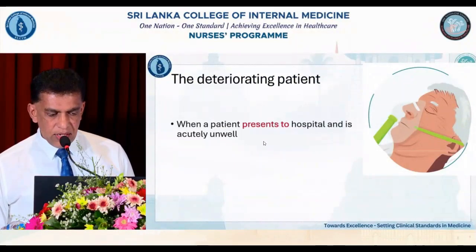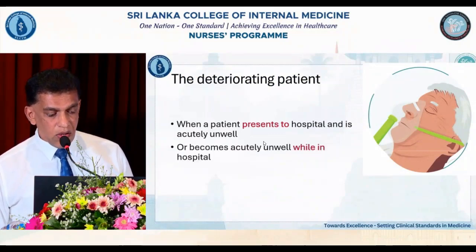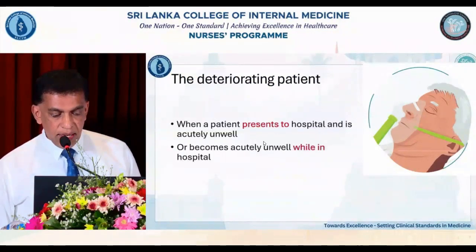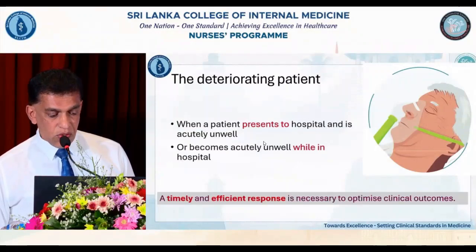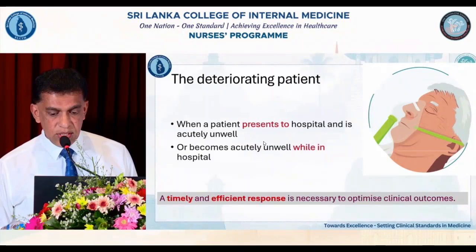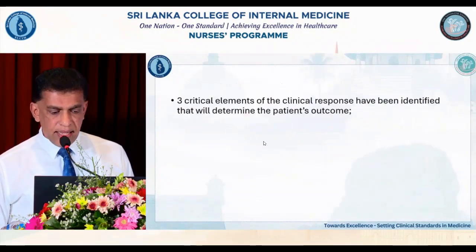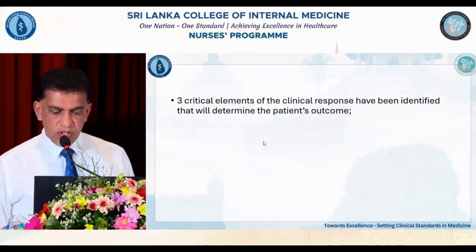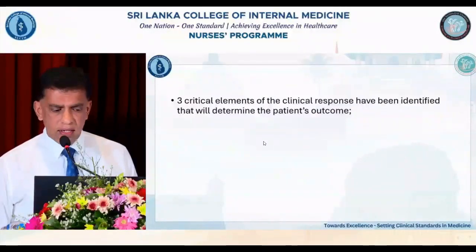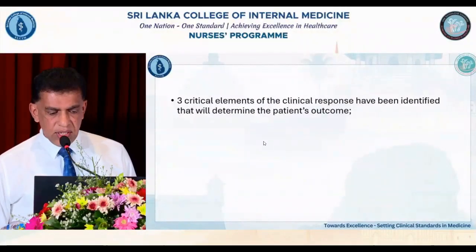A deteriorating patient is a patient who presents to hospital acutely unwell or becomes acutely unwell while in the hospital. You need to respond to these patients in a timely and efficient manner, and there are 3 critical elements of the clinical response that have been identified that will determine the patient's outcome.